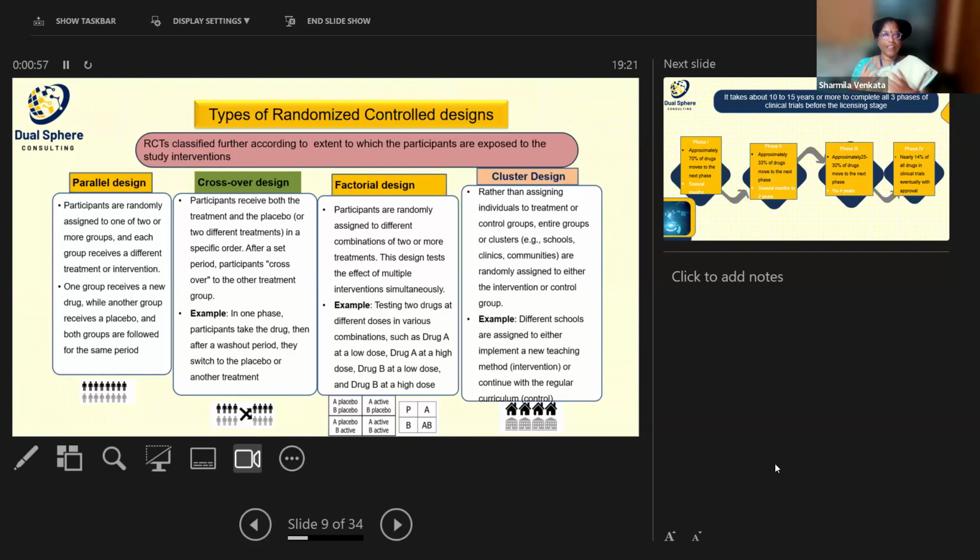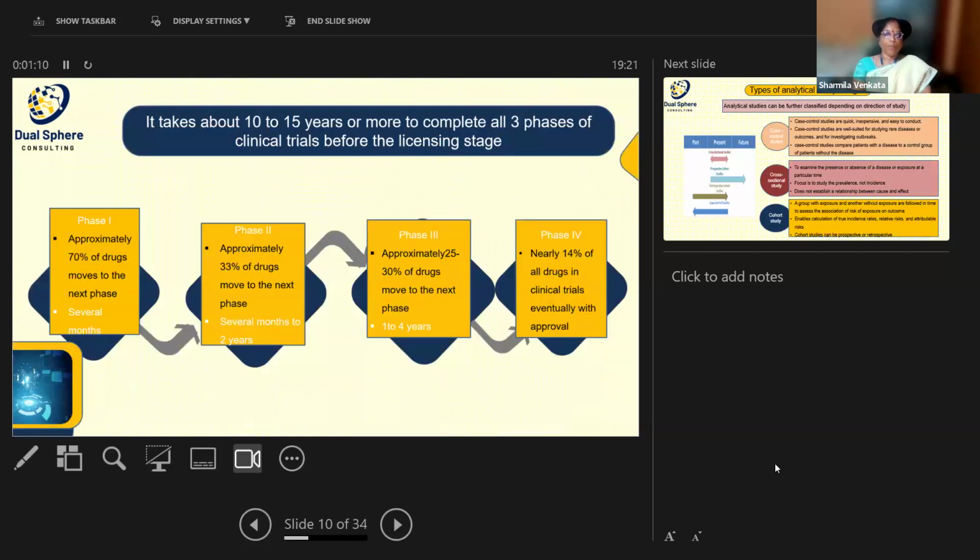They group and randomize. So in these four, each design has strengths and is chosen based on the research question. Now, another way to understand experimental studies is through the phases of clinical trials.